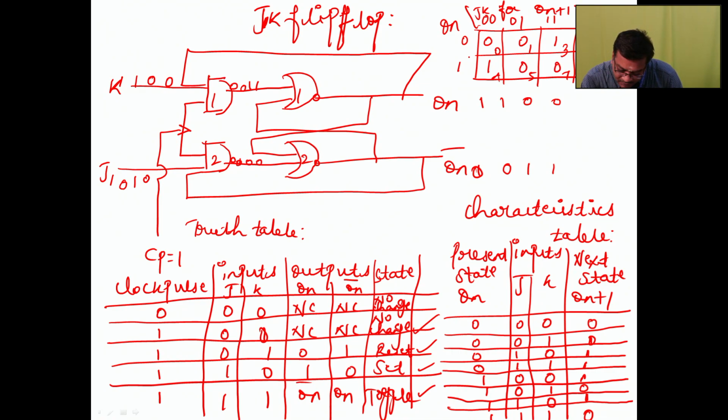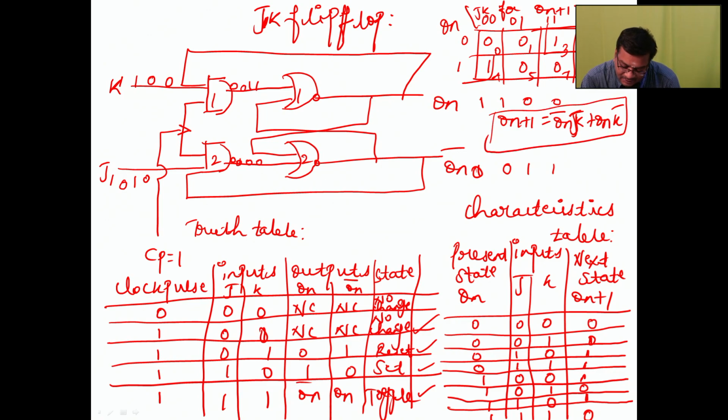So we will get the conditions here. So Qn plus 1 equals Qn bar into J, plus Qn into K bar. So this is the final answer for the characteristic equation.